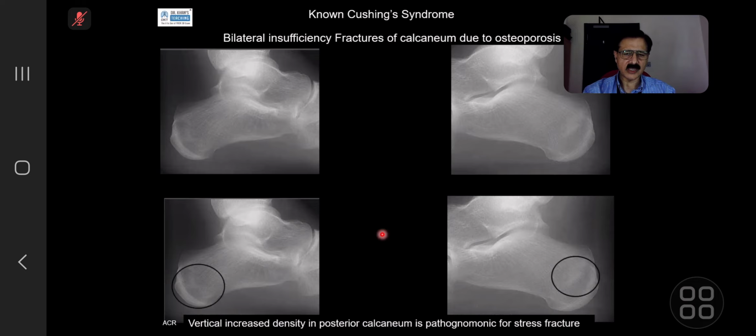Please remember, insufficiency fracture versus stress fracture. You should have a clear-cut idea of the definition. Insufficiency fracture is normal stress on abnormal bone, and the stress fracture is abnormal stress on normal bone.